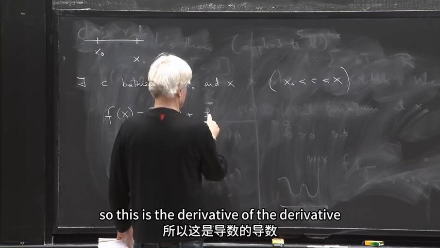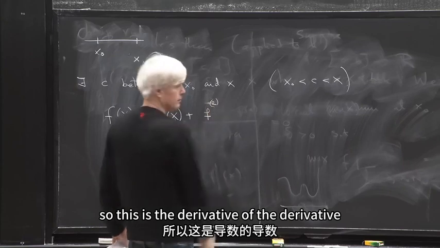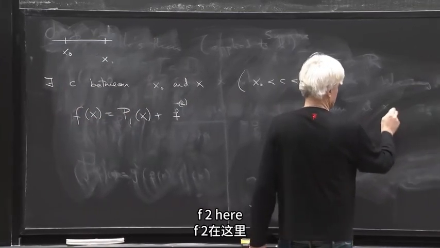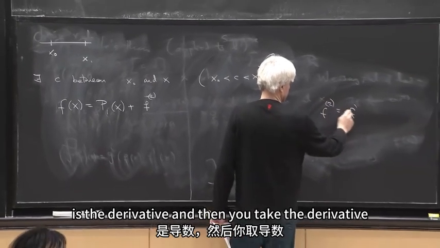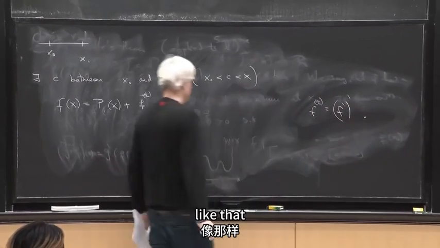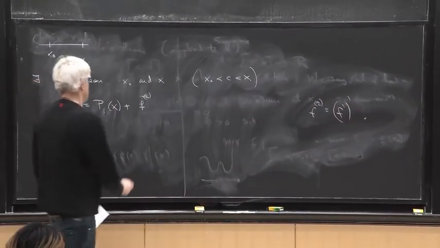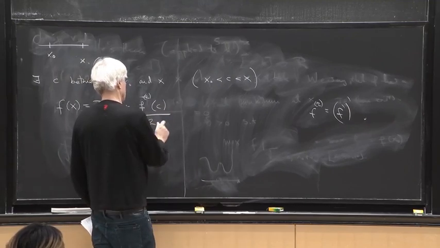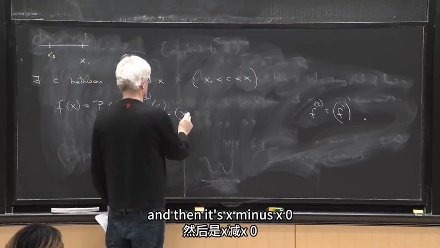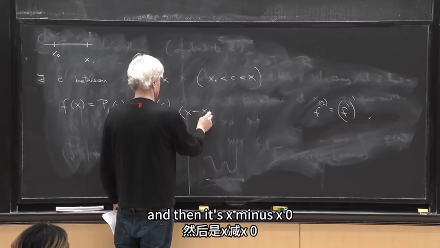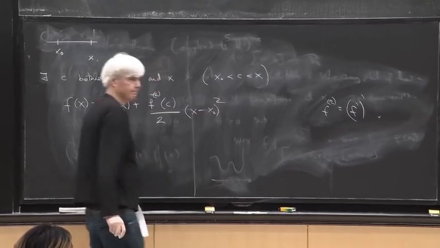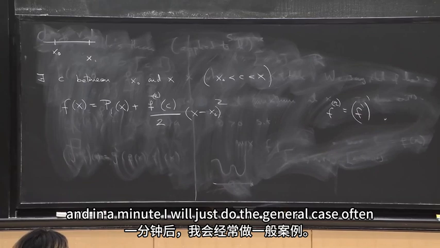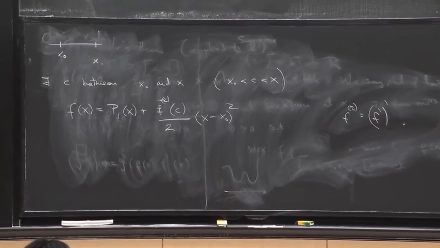This is the derivative of the derivative. f2 here is the derivative, and then you take the derivative again. That is evaluated at c, divided by 2, times x minus x0 squared. And in a minute, I will do the general case of it.